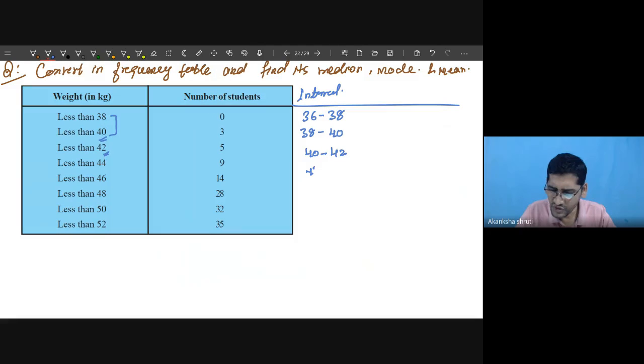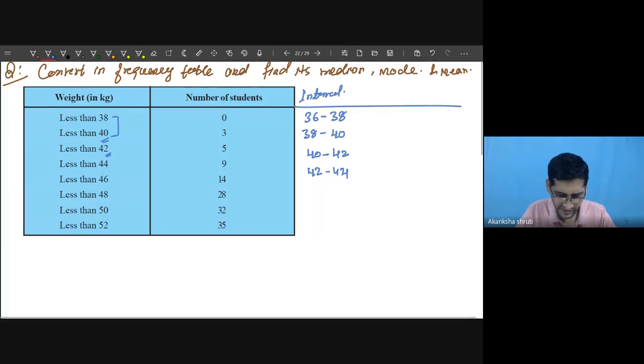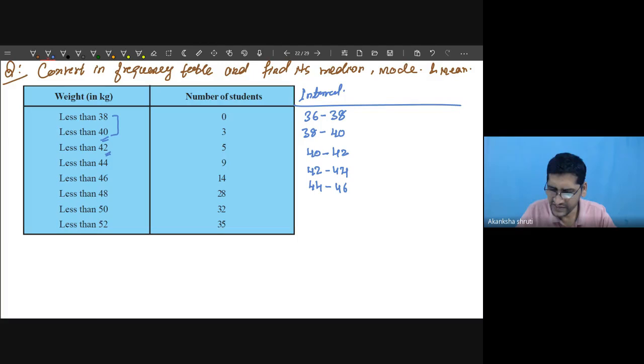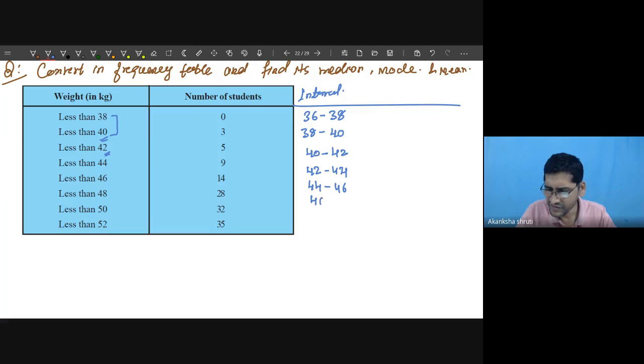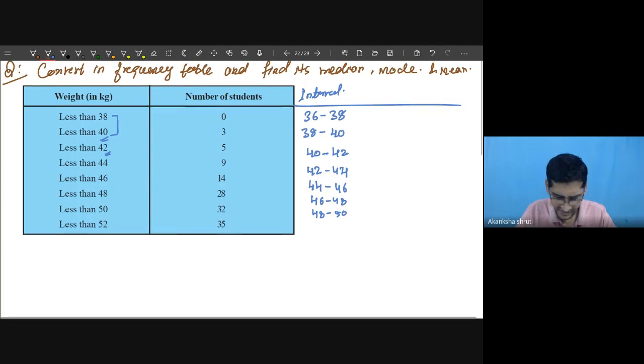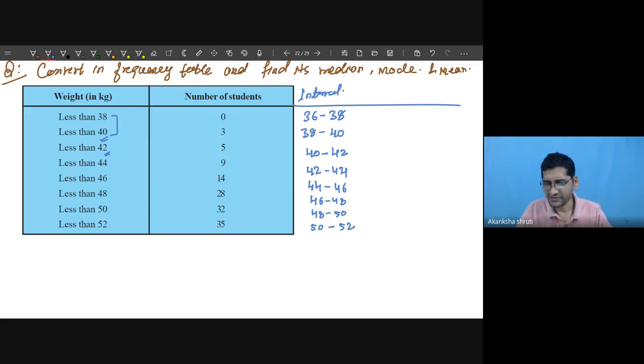Then 42 to 44, similarly you can write quickly. You are observing that. Then 44 to 46. Then 46 to 48. Then 48 to 50. Then 50 to 52. That's all.